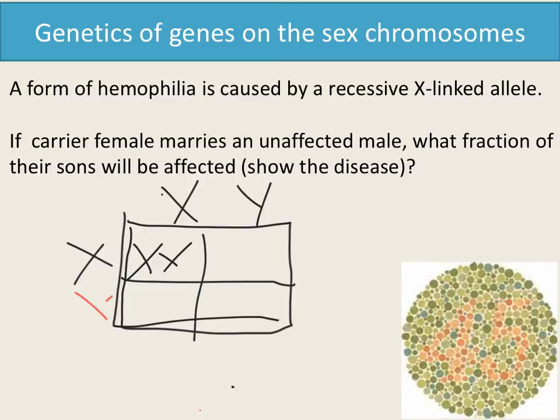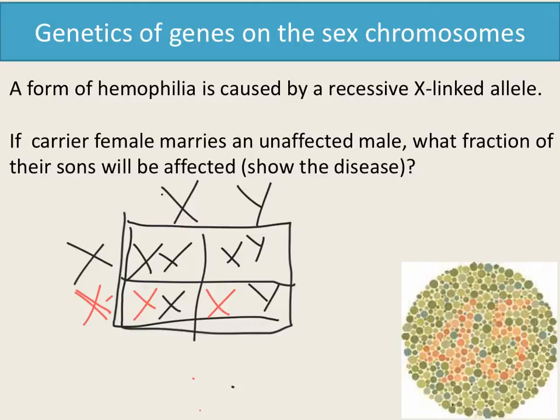Then we have this mutant X. And then we have a normal male, X, Y. And then we have a mutant male, X, Y. So it asks, if a carrier female marries an unaffected male, so the male doesn't have recessive hemophilia, what fraction of their sons will be affected?